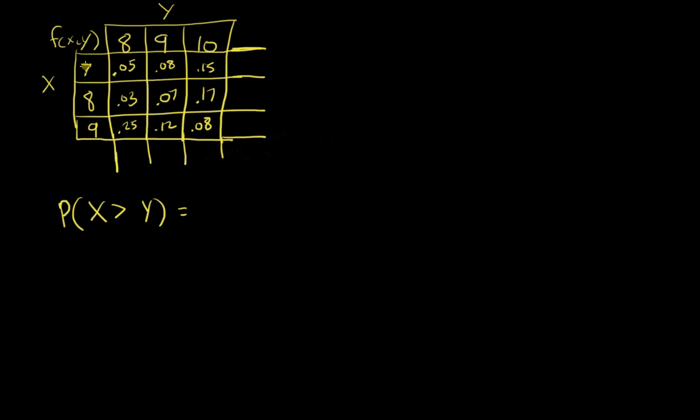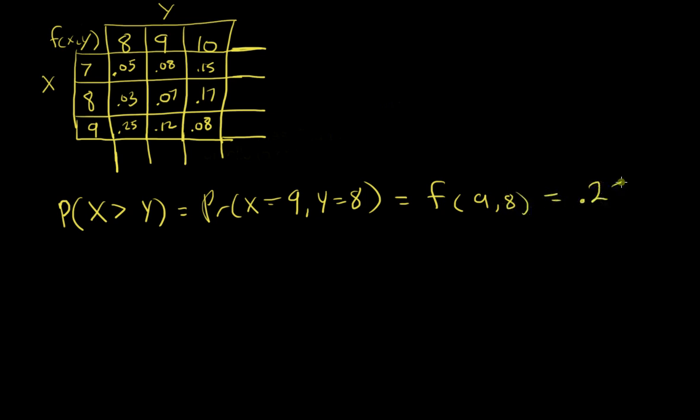When x is 7, is there any y value that's less than 7? No. What about 8? No. At 9, yes, when x equals 9 and y equals 8. So that would be f of 9, 8, which is 0.25.